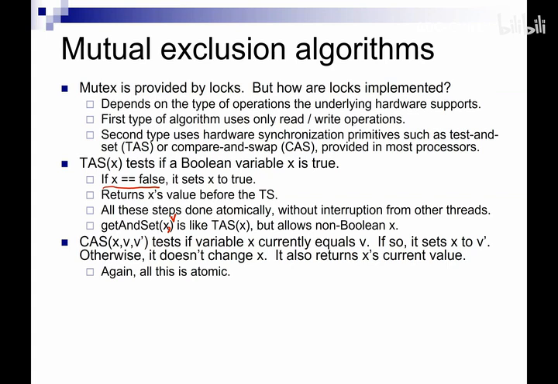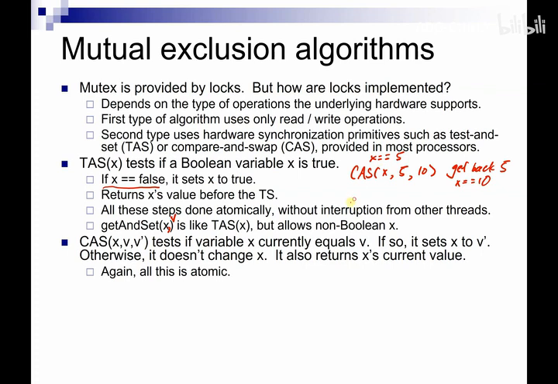For example, suppose x equals, let's say, 5 right now. If you do compare and swap of x, 5, and 10, then we get back 5 because the current value of x is 5, and x now is equal to 10.